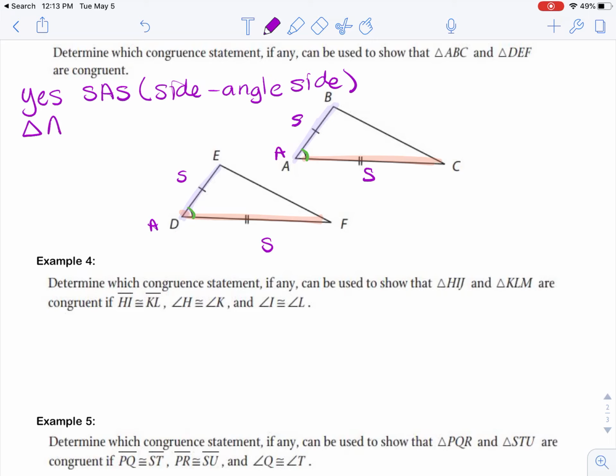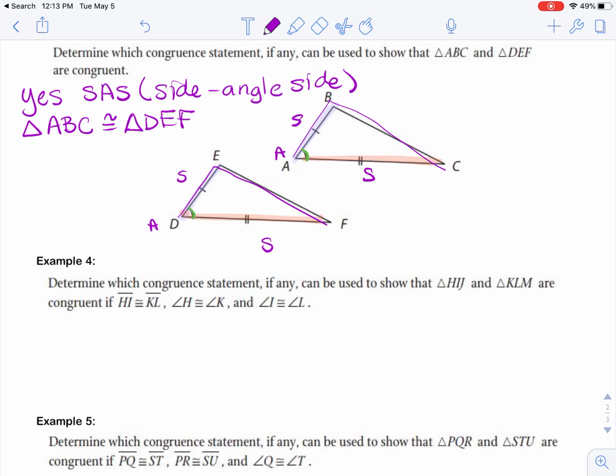So I could say triangle ABC. So if I look, A is the angle with the arc on it, BC, so I'm starting here, here, here. So that would be congruent to triangle. So I would do the same in this triangle, so that would be DEF. And that would be it. Okay, so that's an example of side, angle, side.